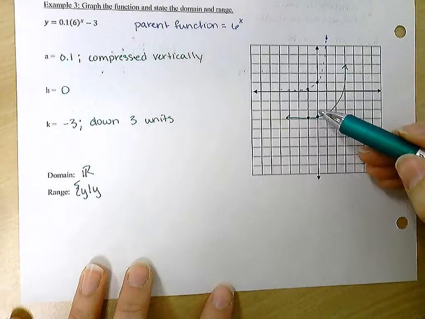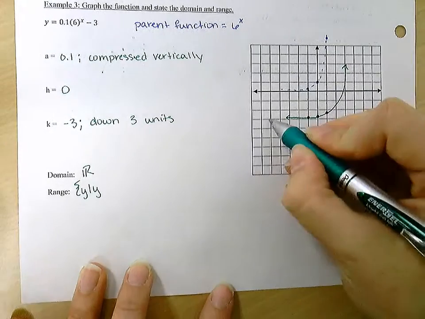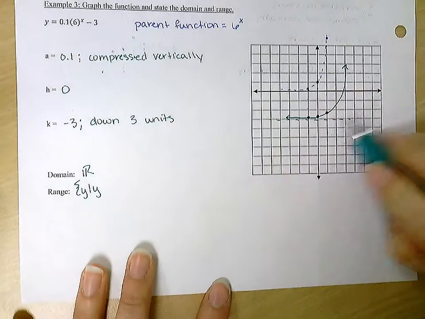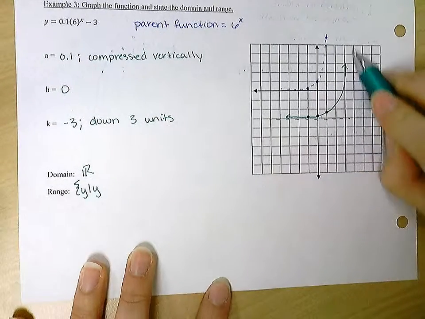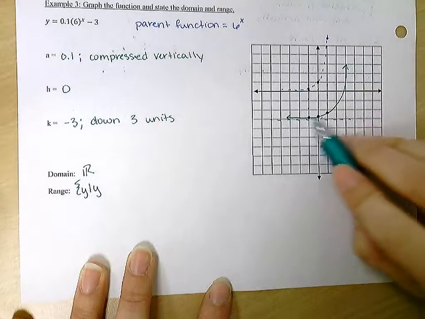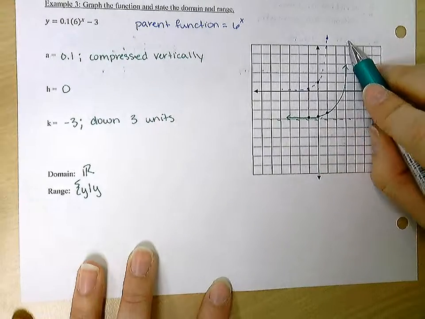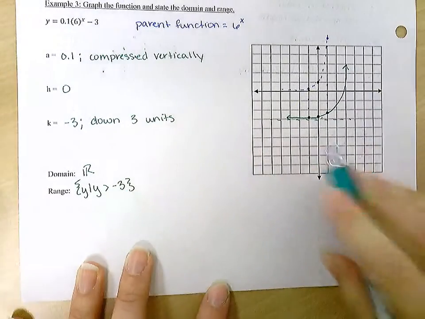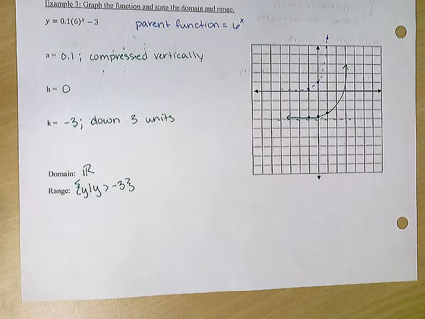It has to be greater than because your exponential function is going up. If it's going down, it has to be less than. Since it's going up, it has to be greater than -3, because your asymptote is at -3.